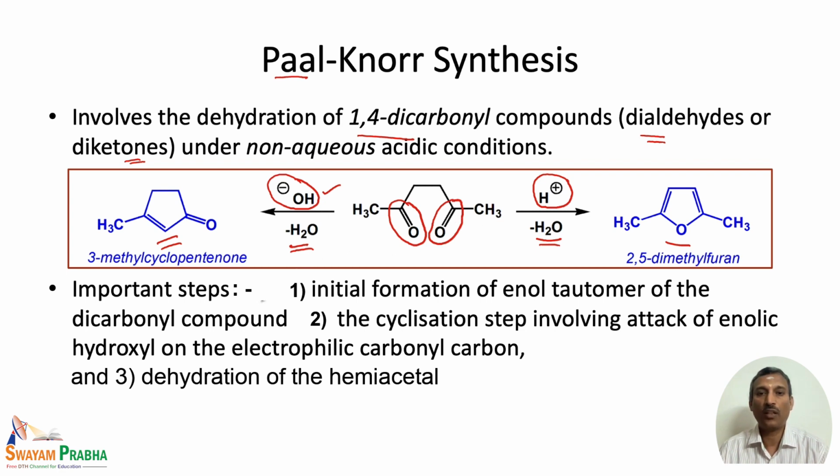In this particular reaction, some of the steps involved are the initial formation of the enol tautomer of the dicarbonyl compound, and then the cyclization step, which involves the attack of the enolic hydroxyl on the electrophilic carbon atom. That means, between the two carbonyl units, we form the enol with one carbonyl unit, so we have a hydroxyl, and there is a lone pair of electrons on this oxygen.